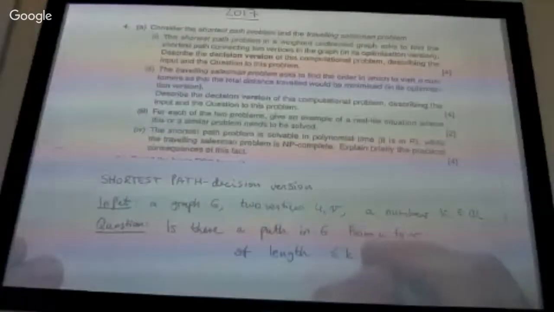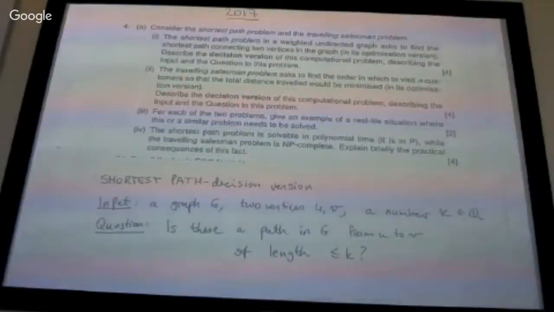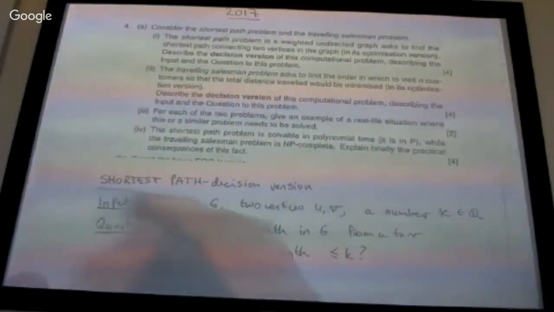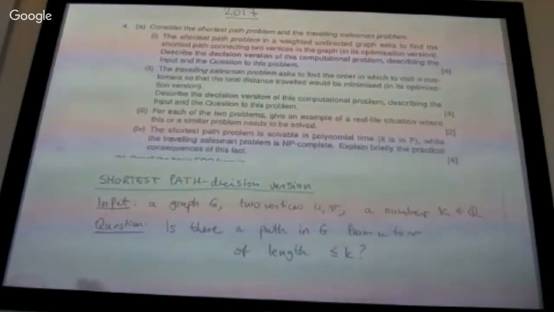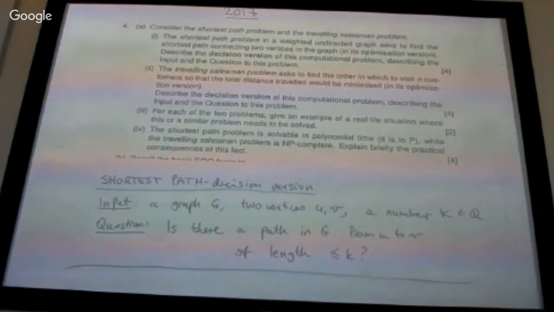So is there a path in G from U to V of length no more than K? That's the decision version of the shortest path problem. Clear enough? Yeah.